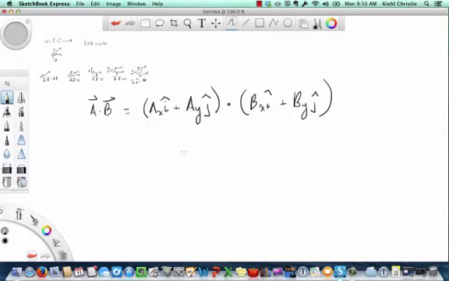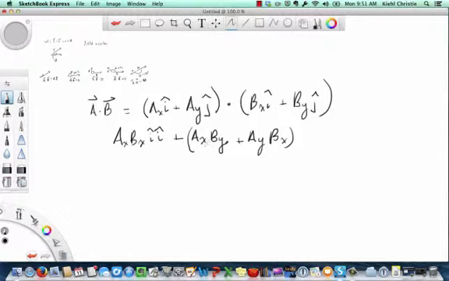Okay, now if we FOIL this out, we're going to get this big pile of letters that looks like AX times BX, and they're both in the I direction, so we have two I's. So we multiply I times I, and then we add the middle term, which is going to be AX BY plus AY BX, throw in some parentheses. Now, in this case, since we have AX and BY, we have I's and J's.